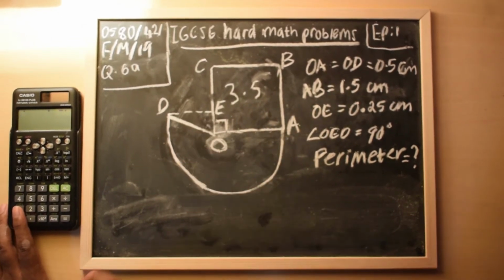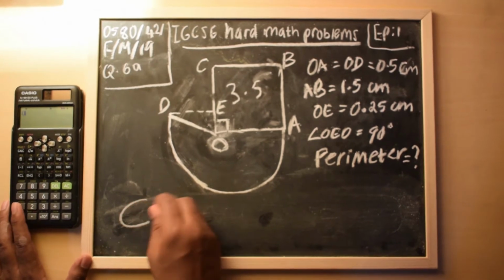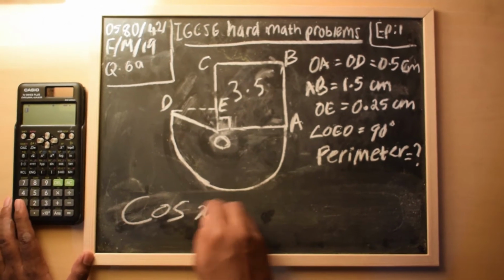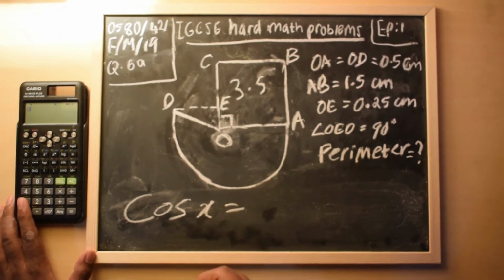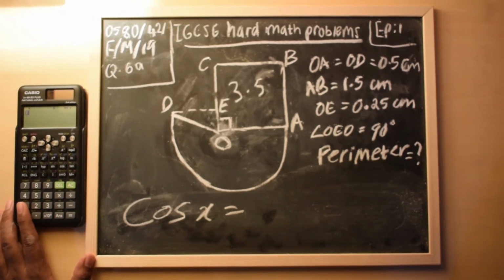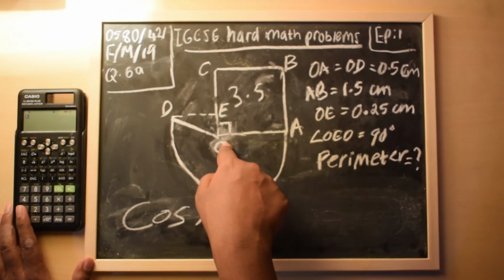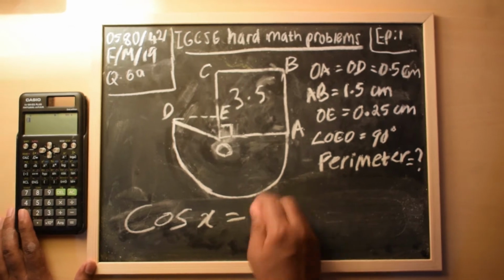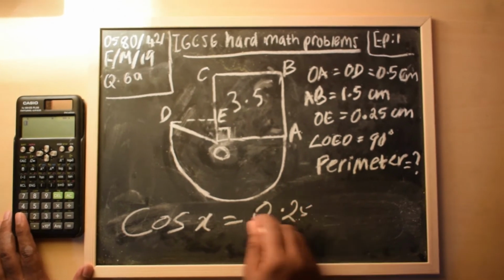So to find this angle, we can use the cos rule. So cos x, I'll put this as x, equals adjacent over the hypotenuse. So adjacent equals OE. OE is 0.25 over 0.5.